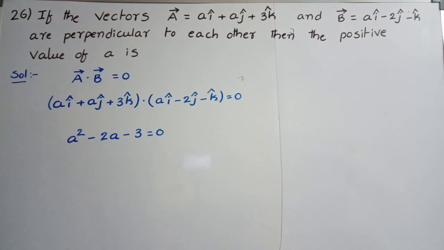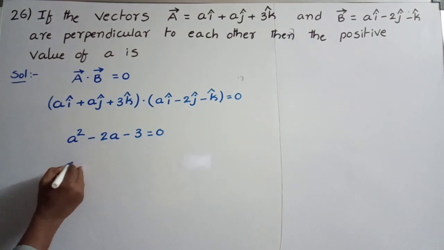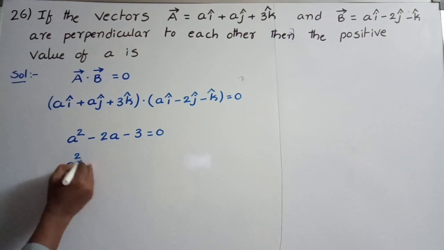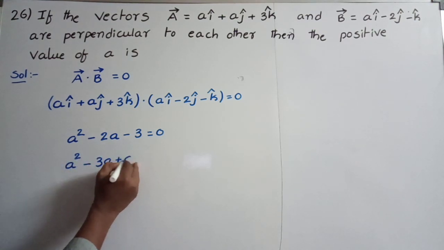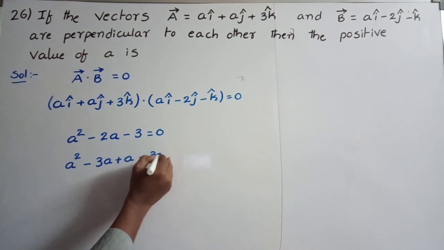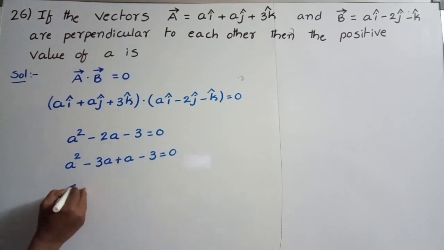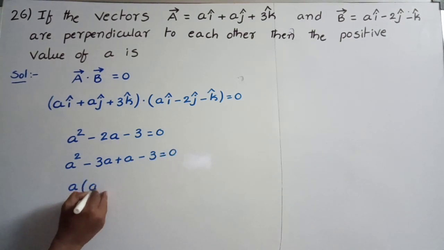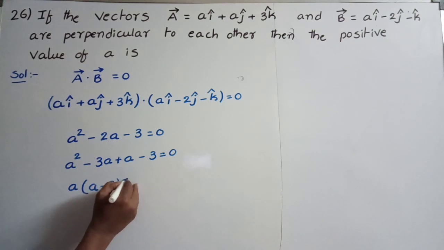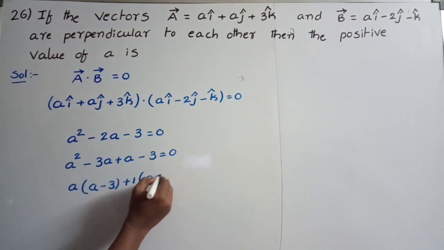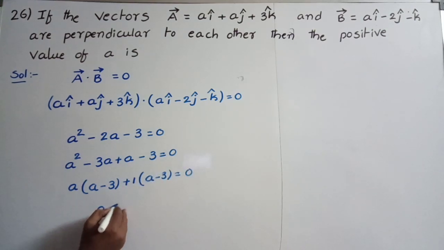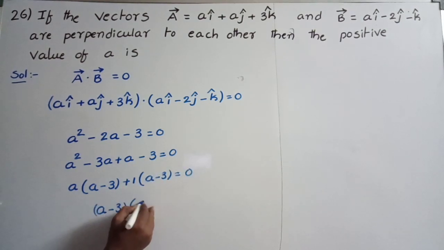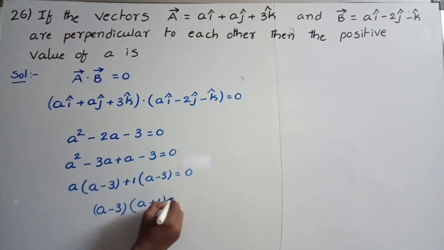Write it as a fraction. Then we can get a square minus 3a plus a minus 3 is equal to 0. Take a common, then we get a minus 3. Take plus 1 common, we get a minus 3 is equal to 0. Again we take a minus 3 common: a minus 3 into a plus 1 is equal to 0.